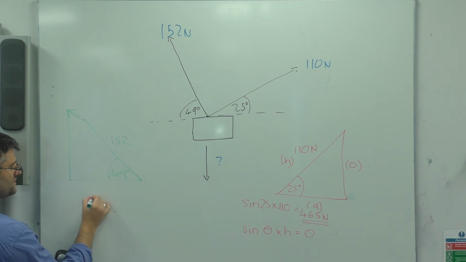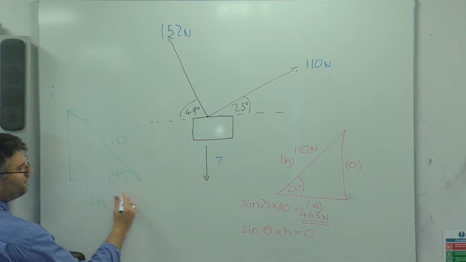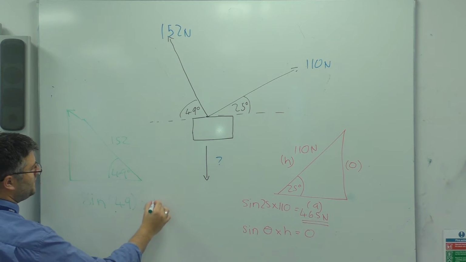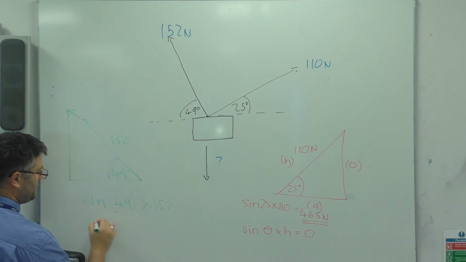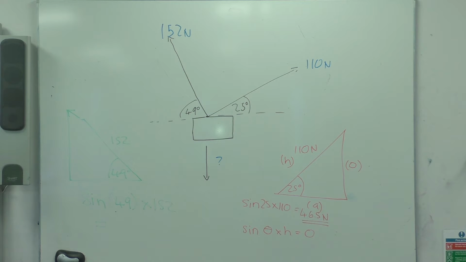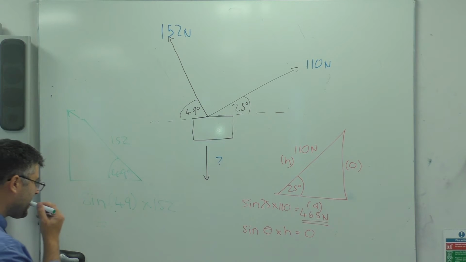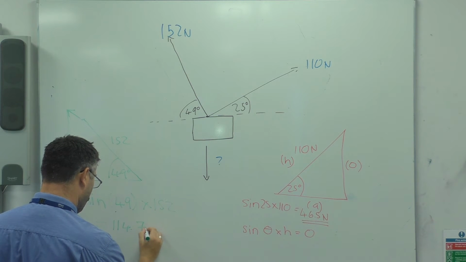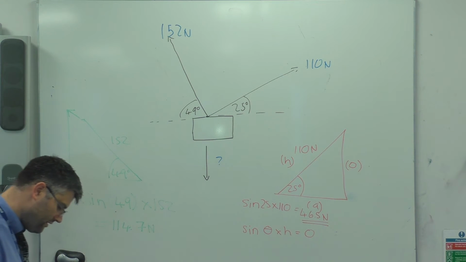We can do sine of 49 this time, times by 152 is going to equal 114.7 newtons.